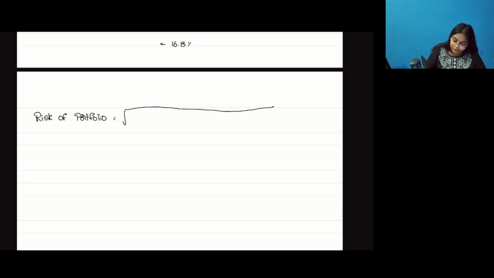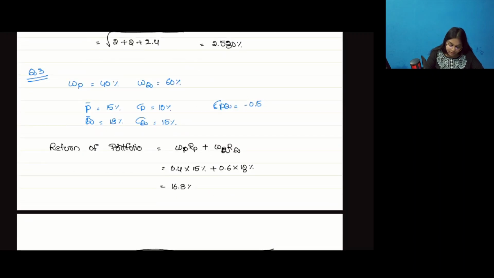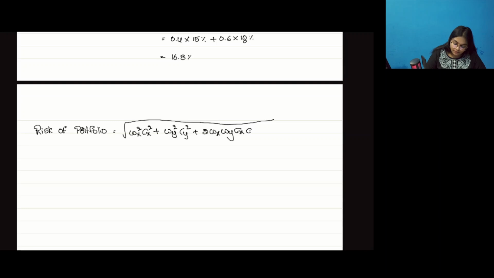Next, risk of portfolio, square root of wx square sigma x square plus wy square sigma y square plus 2 wx wy. In the question they have given correlation coefficient, they haven't given covariance, so we'll go with the formula sigma x sigma y sigma xy.